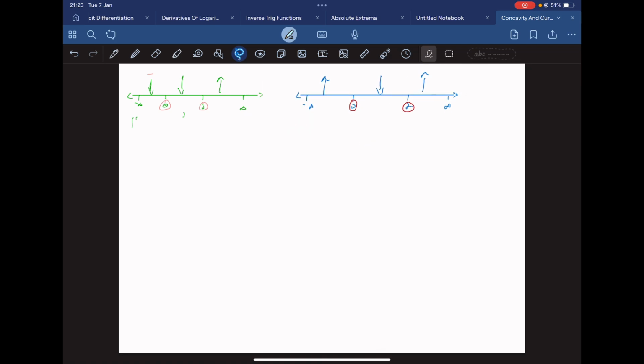Okay, so this will show us how to sketch the graph. Let me clean this. So in sketching the graph, remember this is where we got to see it's increasing or decreasing, and this is concave up and concave down.